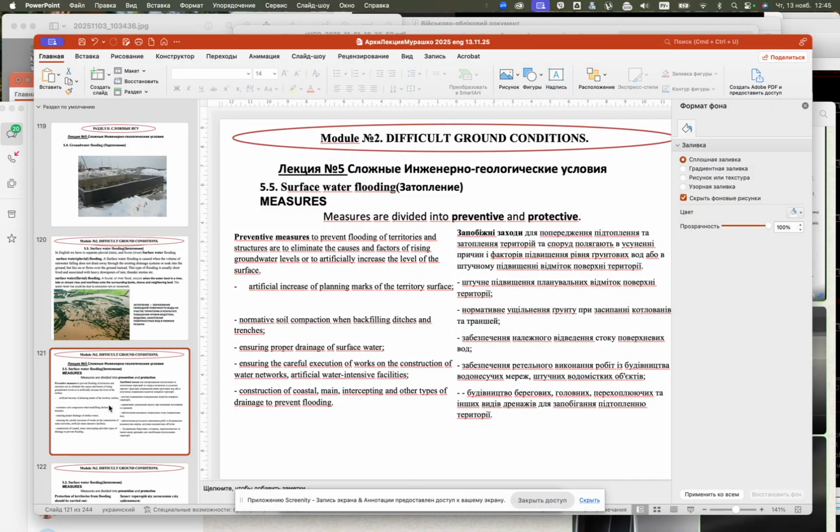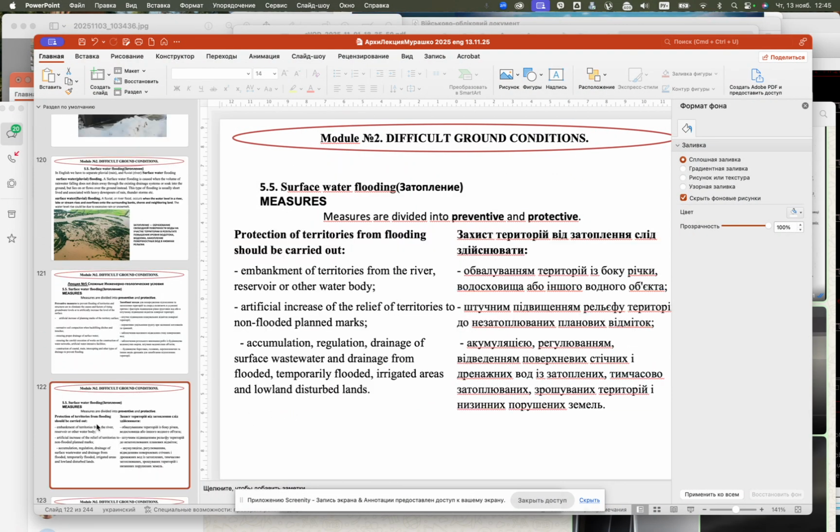Also, the best solution is ensuring proper drainage of surface water. So the best way to protect your building from surface water is to ensure good drainage, to divert the water from your building if possible. Careful execution of work, and also construction of various types of drainages.